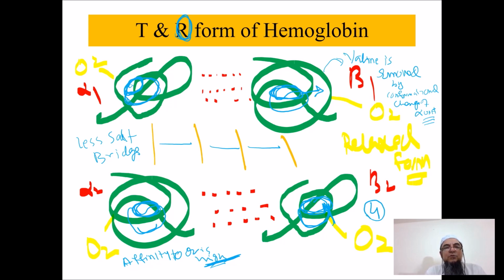The first two come to the alpha subunit. The alpha subunit brings some conformational changes. These changes remove the valine of the heme pocket in the beta subunit and allow oxygen to enter the heme pocket of the beta subunit. These conformational changes also break the salt bridges between the two units, and then the structure becomes relaxed.